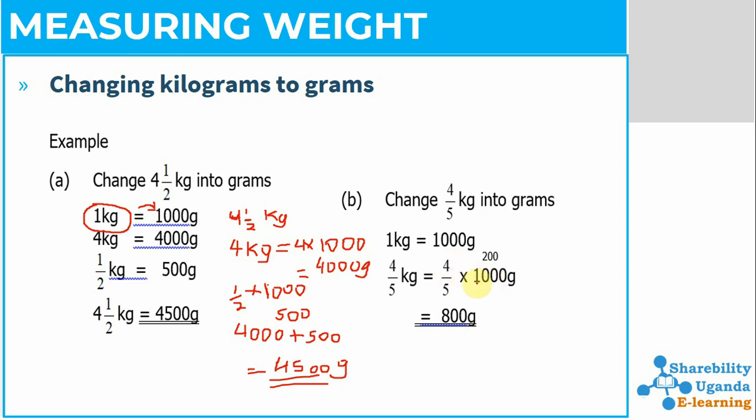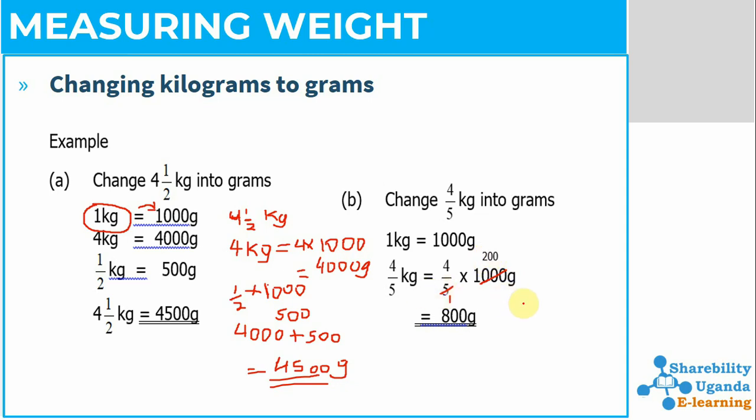So here they look for the factor which can commonly divide 5 and 1,000. They took 5, so when you divide 5 by 5 you get 1, and when you divide 1,000 by 5 you get 200.